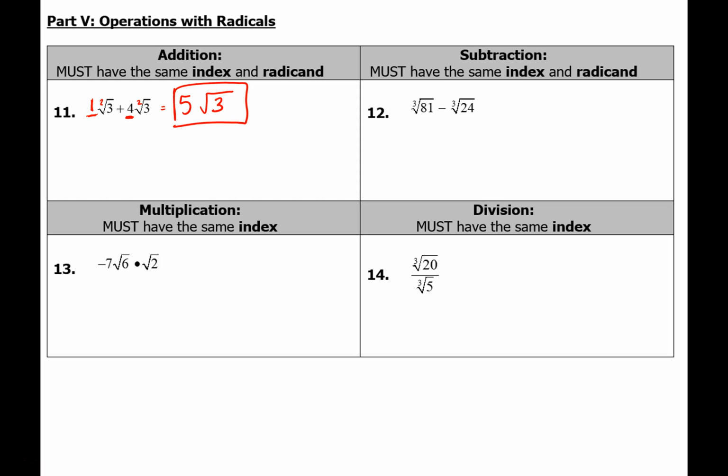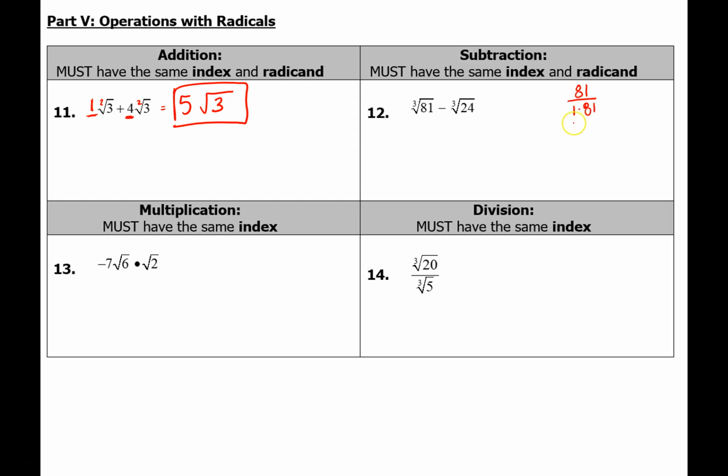All right, in number 12, we have 2 radicals that we need to simplify. Notice that the radicand is not the same. We have 81 and 24. So I need to simplify each of these radicals first, and then if they match, I'll be able to do the subtraction piece. Because these are both cube roots, I'm going to make my list of numbers, but I'm going to be looking for a cube root this time.